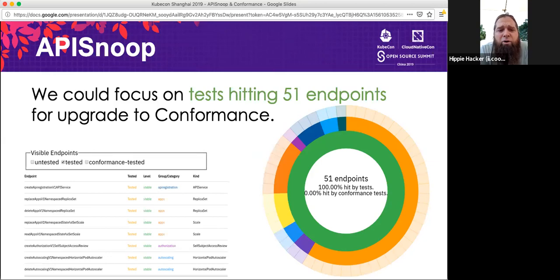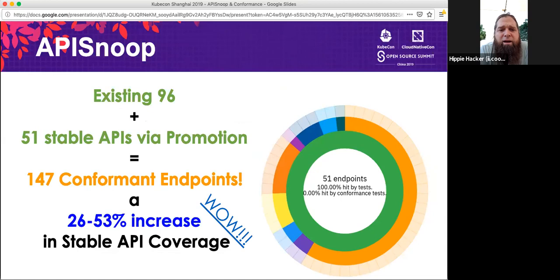And that would give us a total on the next slide of 140. Yeah, that's really nice. Even if we only got half of those promoted, that would give us a 25%, 26% increase in stable API coverage, and up to a 50% increase. So I think that's quite nice. That's just one question that could result in prioritizing and moving our testing and conformance infrastructure forward.